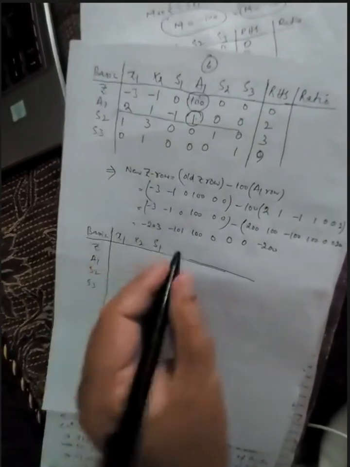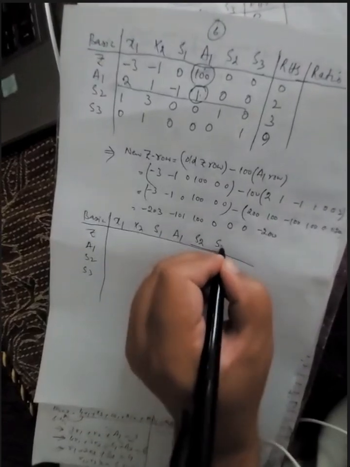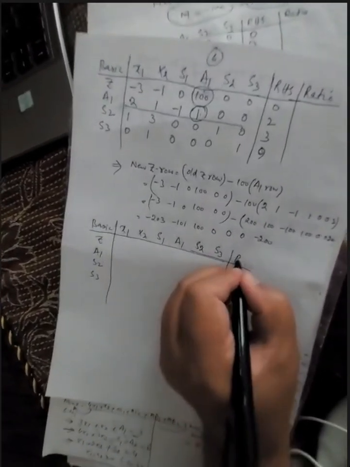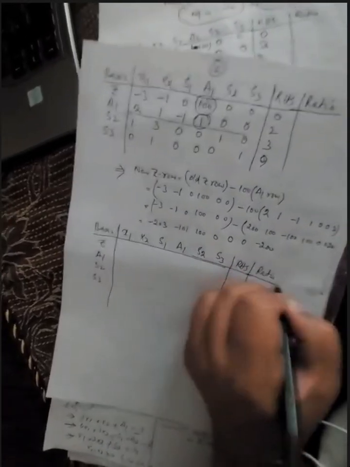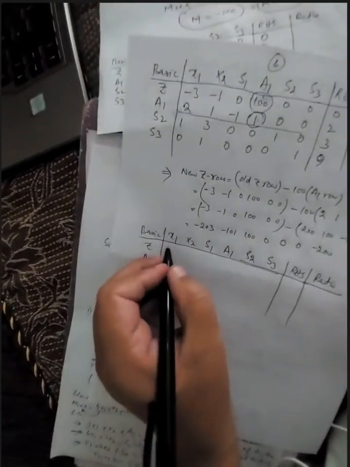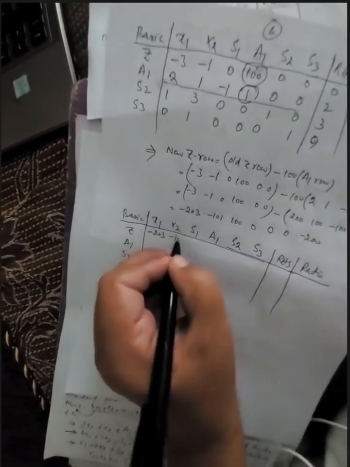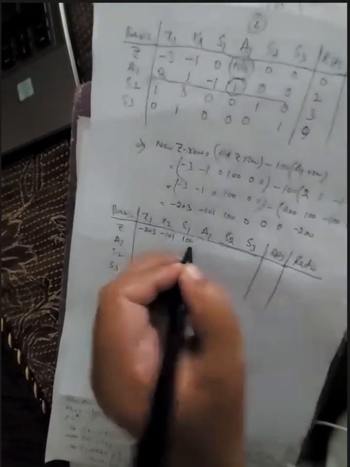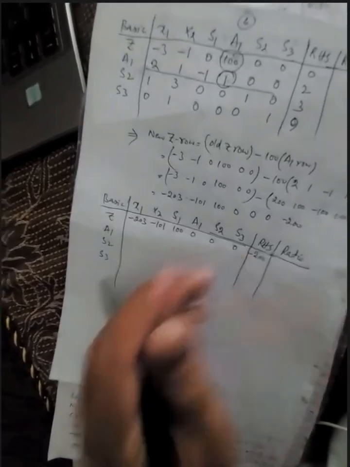X1, X2, S1, A1, S2, S3, right hand side, and ratio. Now this Z will become minus 203, minus 101, 100, 0, 0, 0, and minus 200.